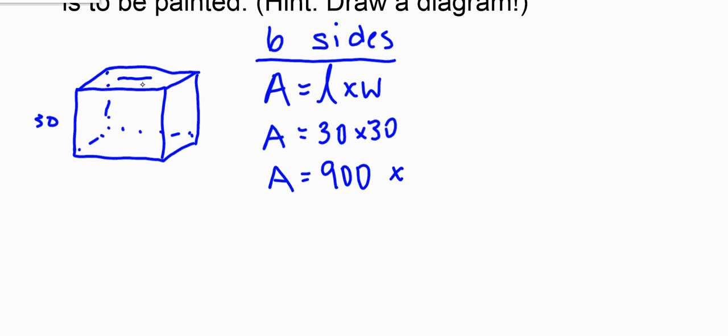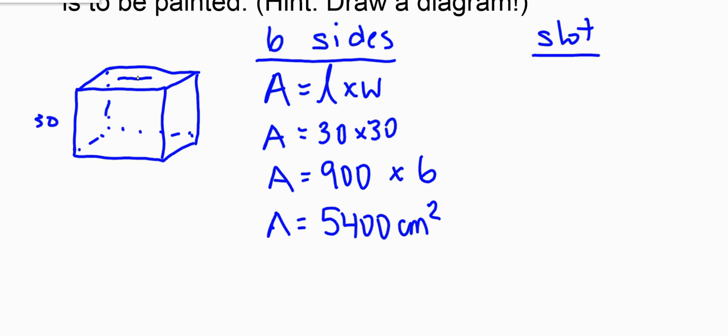I've got top and bottom, front and back, and 2 sides. So I'm going to multiply that by 6. And I will get overall 5,400 centimeters squared. Now that's if the box was completely covered, but we have the slot.